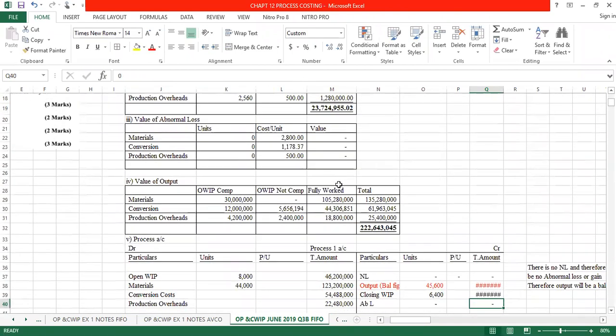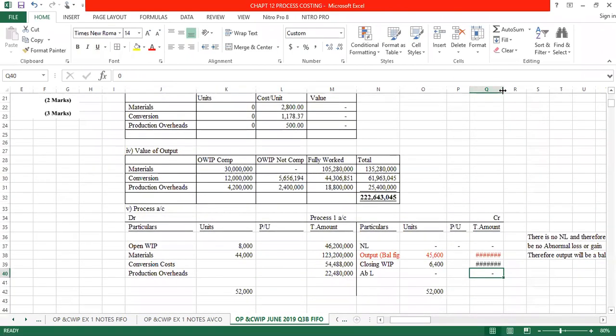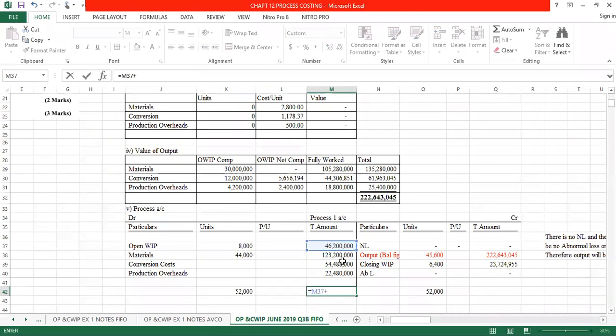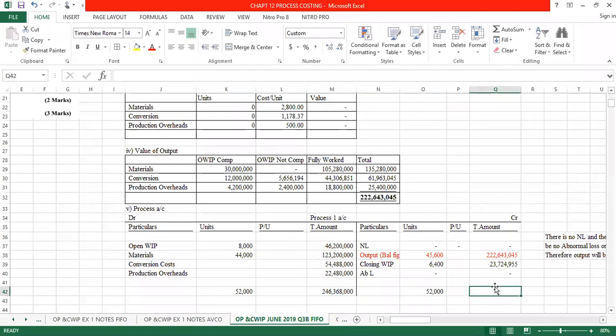23 million. So let's cross our fingers and hope it will balance. So 46 plus 123 plus 54 plus 22 gives you 240.